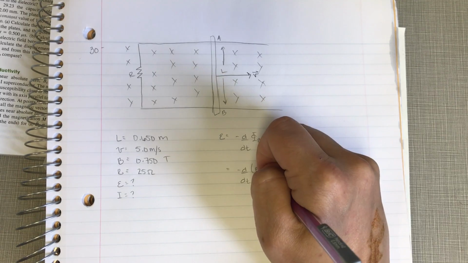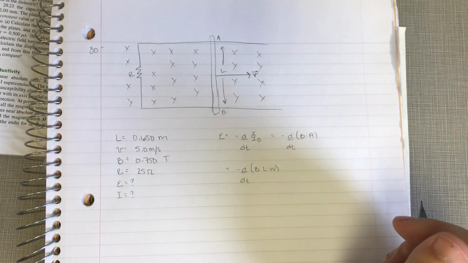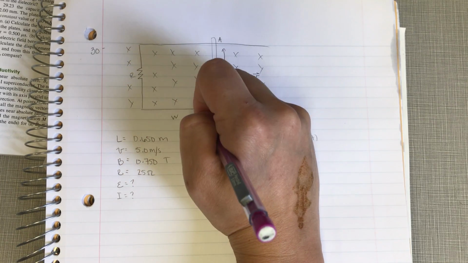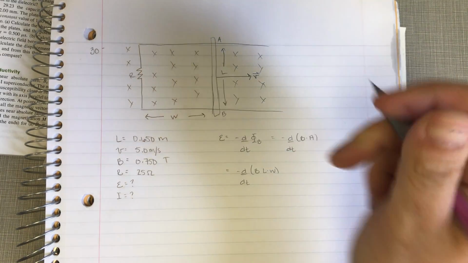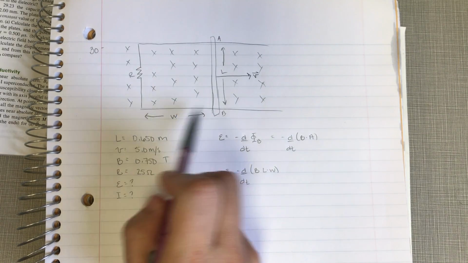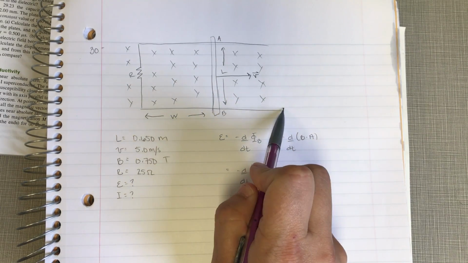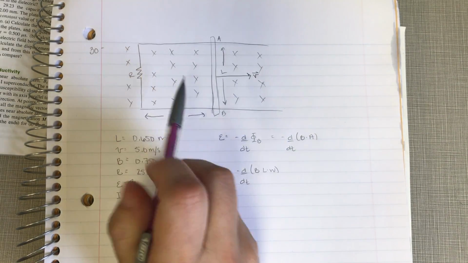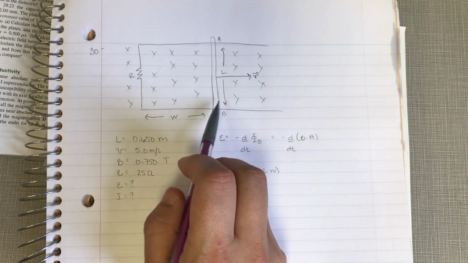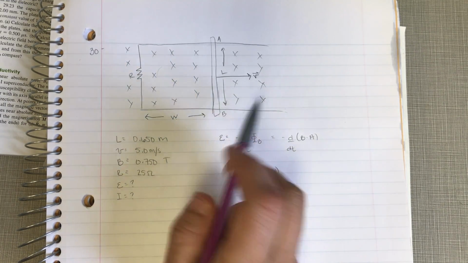Our area is length times width. So in this case, this is our width. Now this width is going to change as we're pulling this bar along, because we're making the area that's going to induce a current bigger by pulling this bar along.